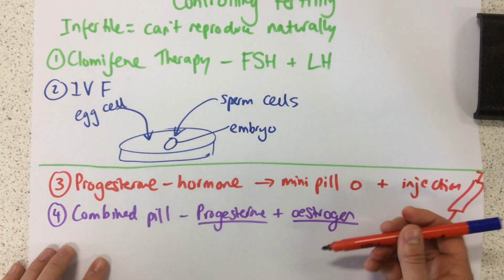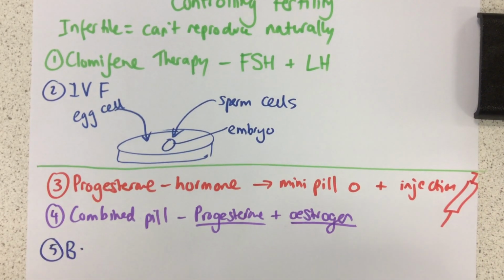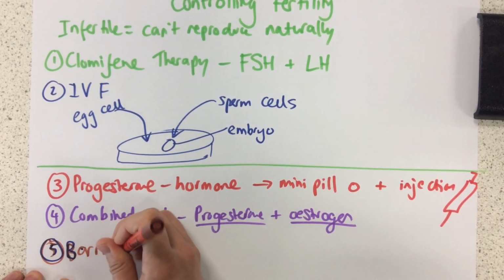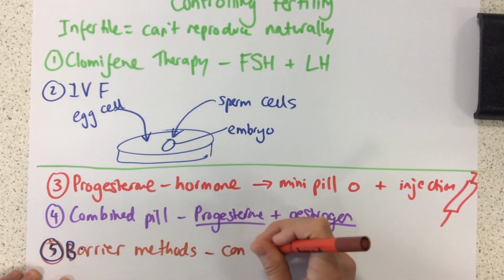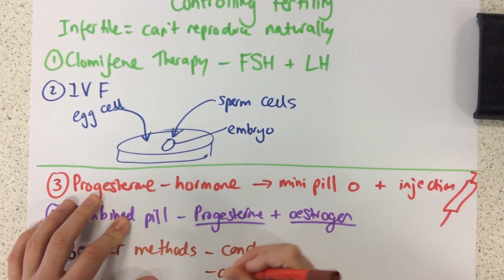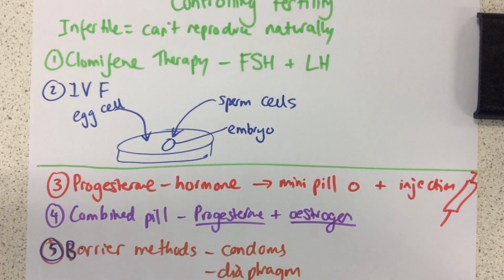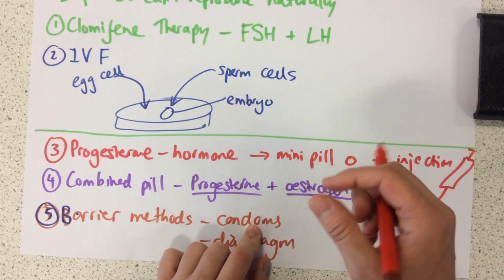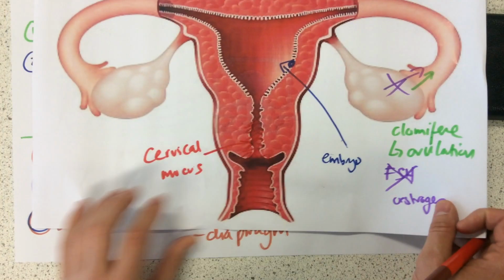Finally, we need to know about barrier methods. The two barrier methods we need to know about are condoms and the female diaphragm. A condom is a latex device that goes over the penis, and it literally acts as a barrier.